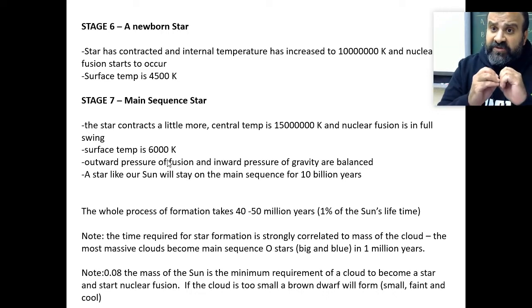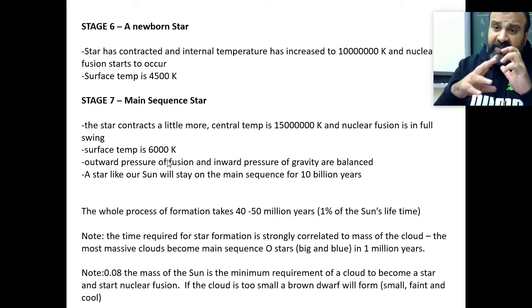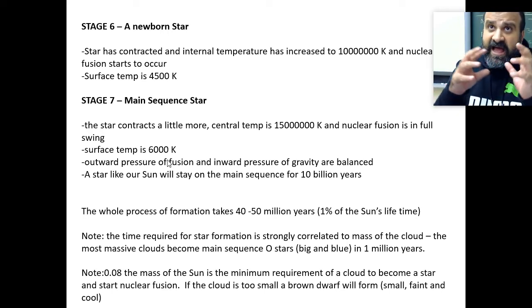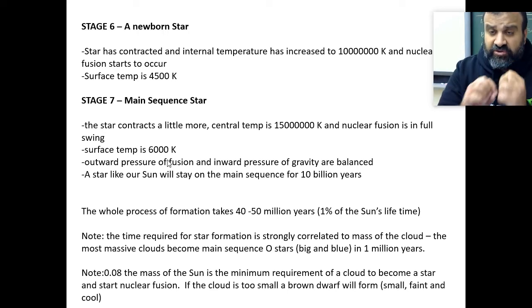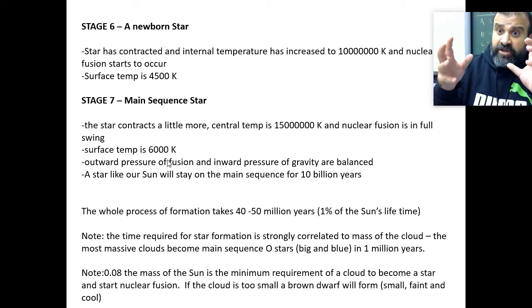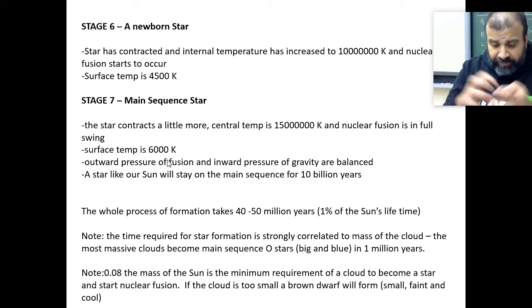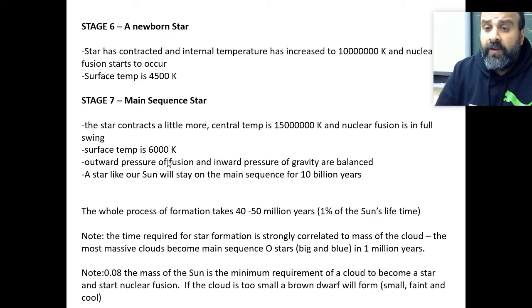Because the closer matter is together, the stronger the force of gravity. So you've got billions and billions and billions of tons of gas being compressed, and they're all pulling on each other. So we've got a strong source of gravity, right? And that should keep compressing and pulling in eventually till you reach a singularity or a black hole.